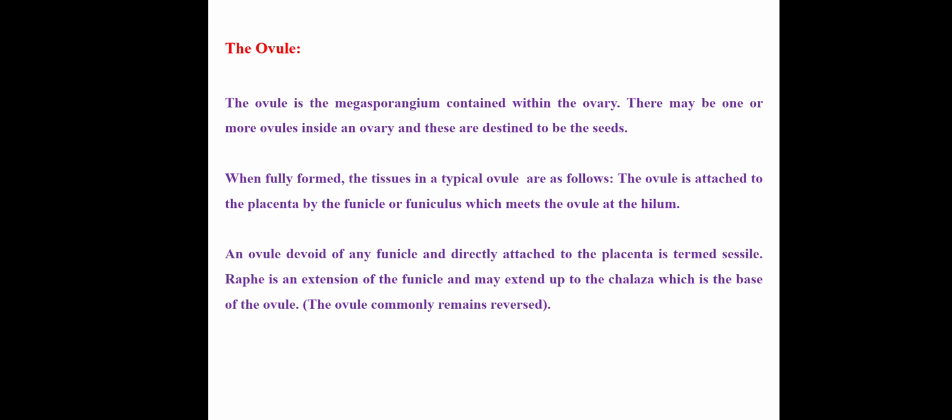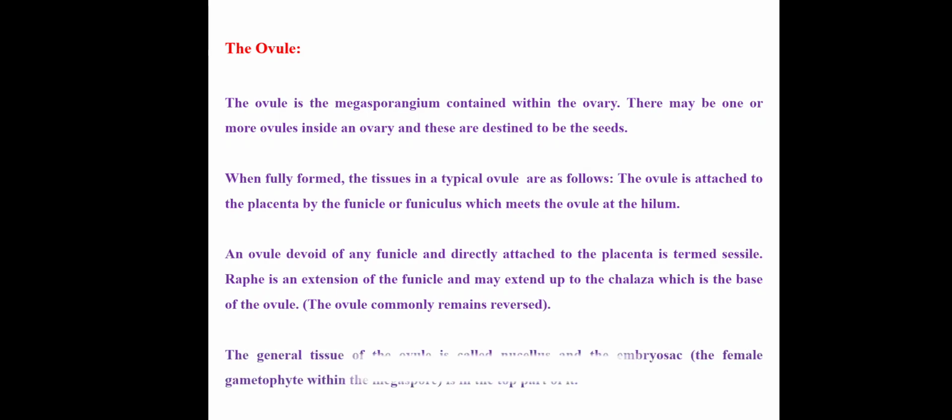So the funicle is extended toward the chalaza, and the portion between the chalaza and funicle is called the raphe, and the attachment of the ovule to the placenta is called the funicle. The general tissue of the ovule is called the nucellus and embryo sac. The embryo sac contains the female gametophyte within the megaspore, which is in the top part of it.